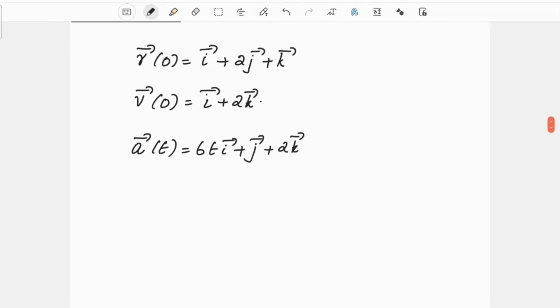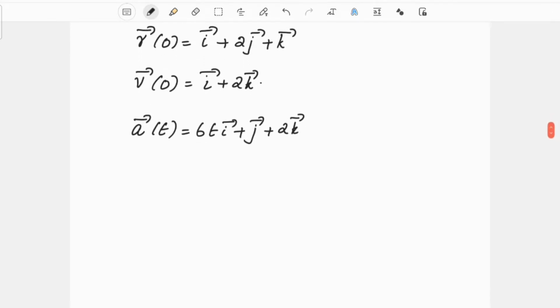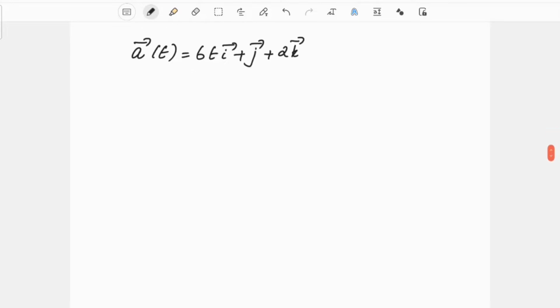So the acceleration, initial velocity and initial positions are given. We know that acceleration a(t) is equal to v'(t). So to obtain v(t), we need to integrate the acceleration.